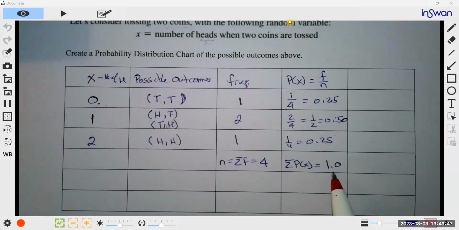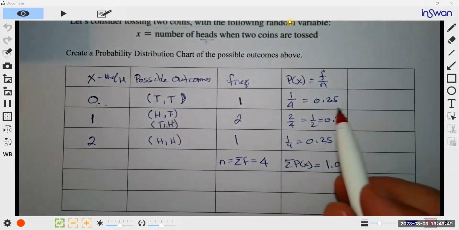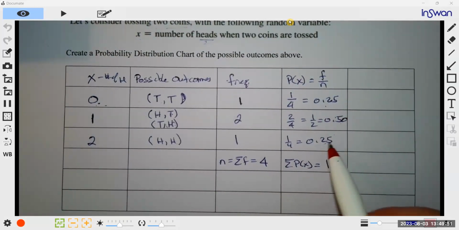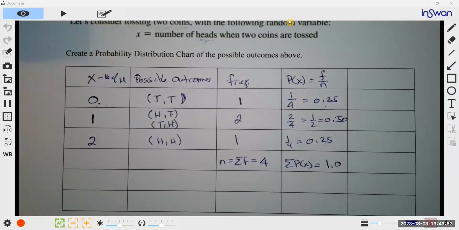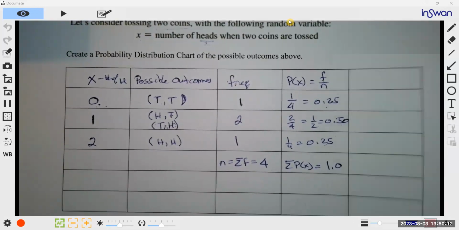Check, that's the second condition. And the third condition, are each of these probabilities between 0 and 1? Yes. So it is a probability distribution. All right. So that's how we do the first one.